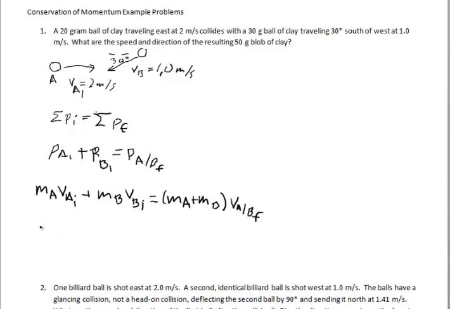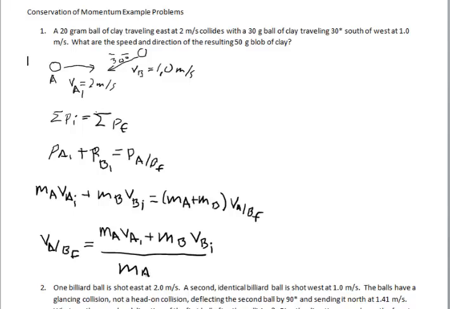So the velocity VAB final equals MA VAI plus MB VBI, divided by the total, MA plus MB.